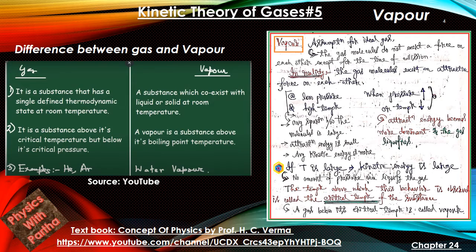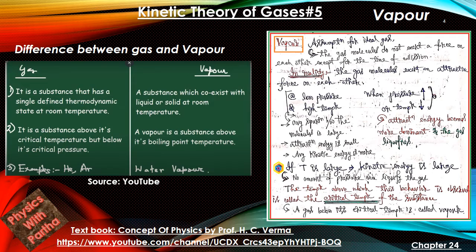At low pressure and high temperature, the average separation of gas molecules is large. In that condition, the attraction energy will be small and the average kinetic energy will be more. But when pressure increases and temperature decreases, as we can see in our previous curve, then it comes to solid phase.